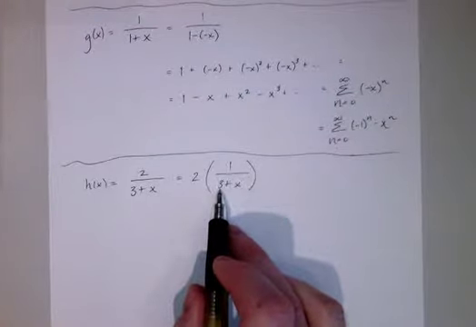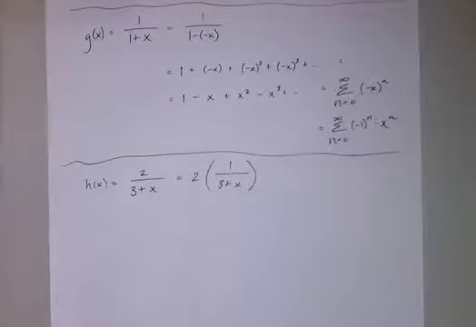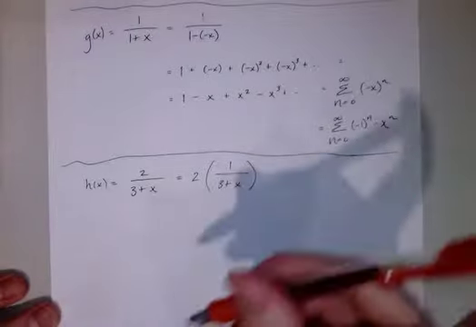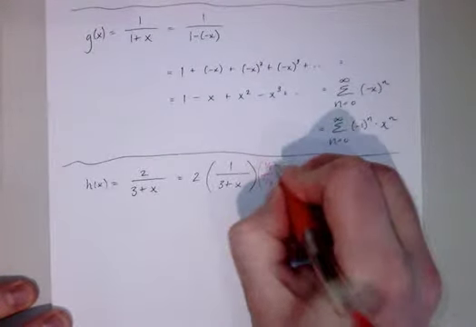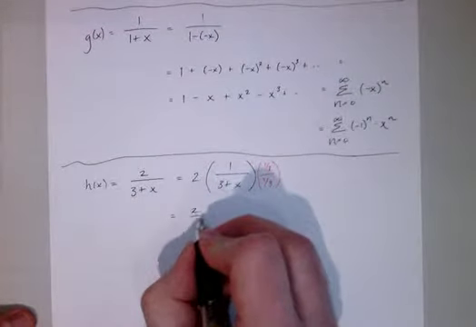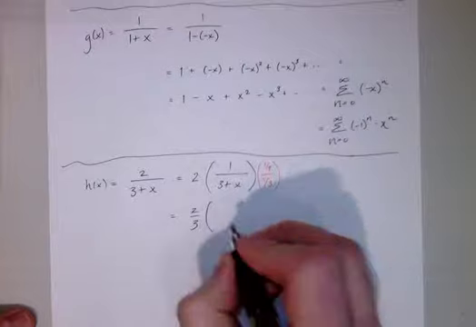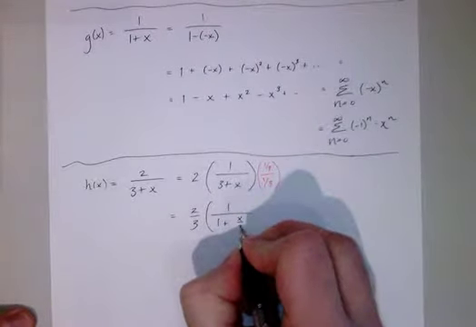Well, what do you say we multiply by 1/3 over 1/3? We're going to get 2/3 out in front, and we're going to get 1 plus x over 3.